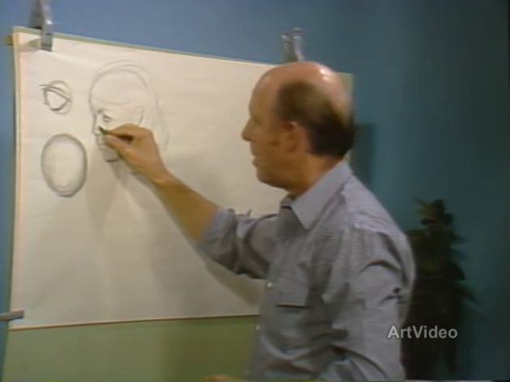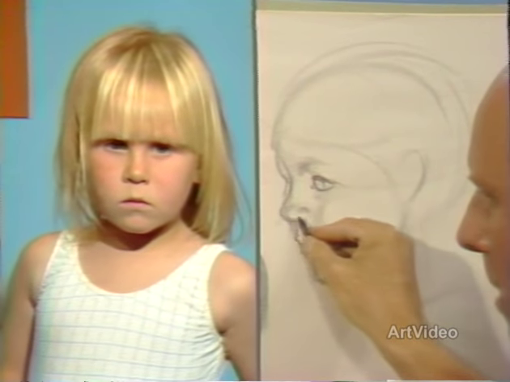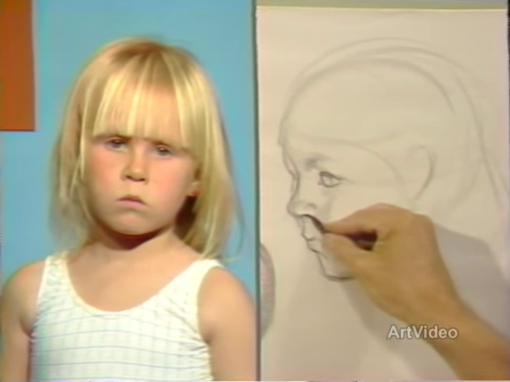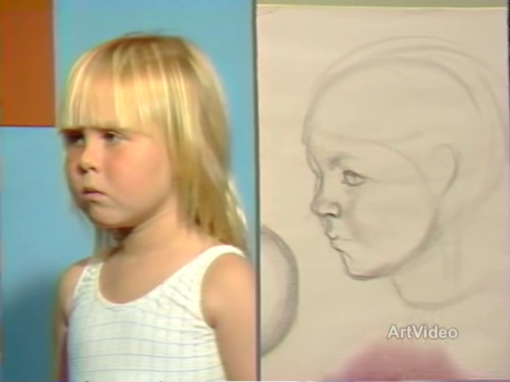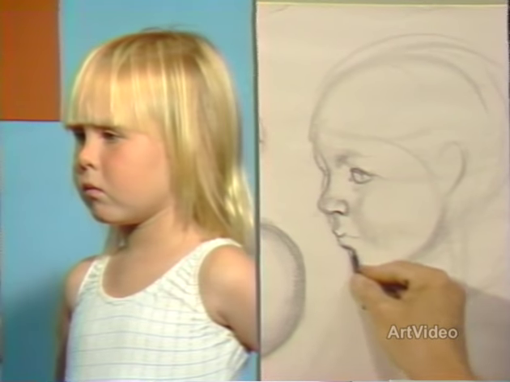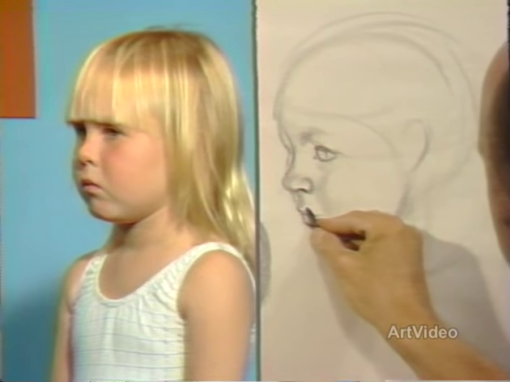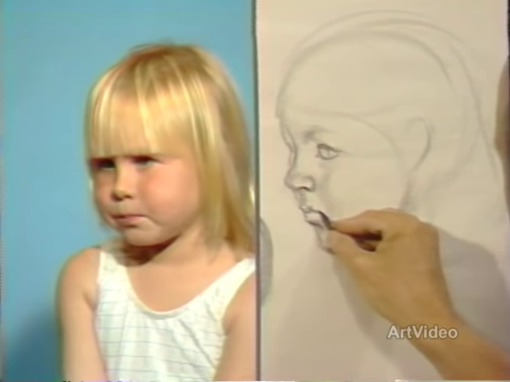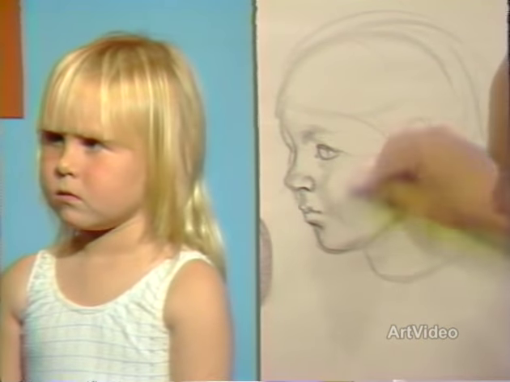I just slowly start to build these forms up. We can take the tone on the underside, the nose, feel the lip, okay, the underside of the lower lip, the upper lip, and basically we could just work all around.